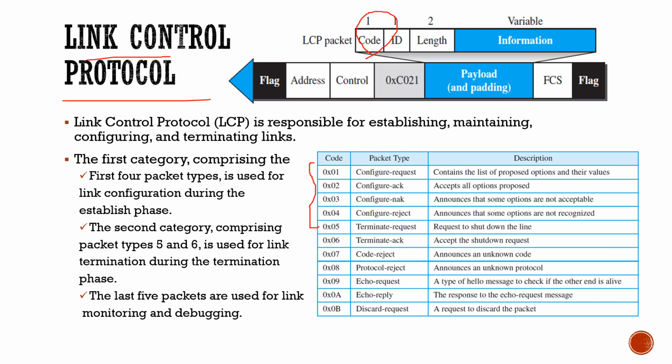If you need to establish the link, we use the first four codes. Then the second category is codes 5 and 6, which are used for terminating the links, and the last three are used for monitoring and debugging the data. So these are the different types of codes in the link control protocol.